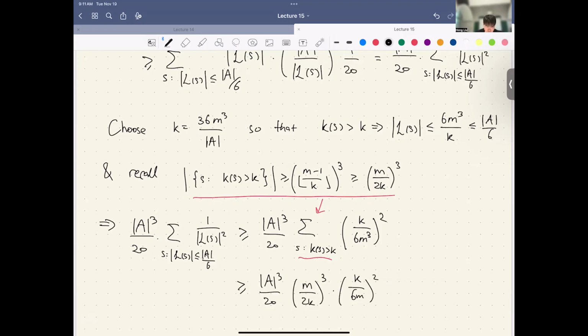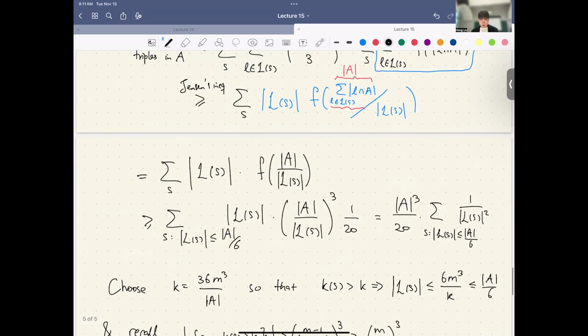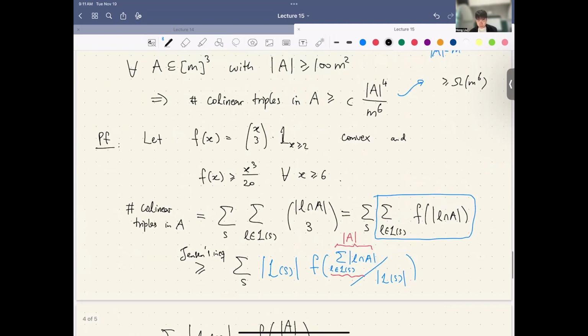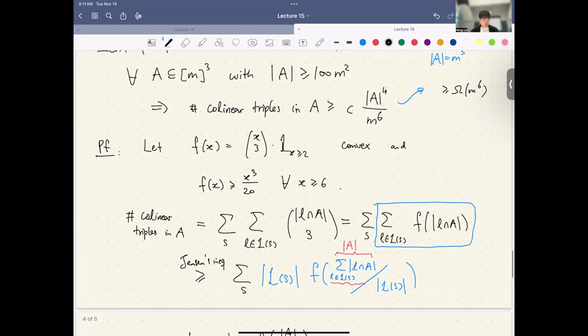If you do the calculation, this is at least A to the 4 over M to the 6, times some constants. Basically a careful calculation to count.